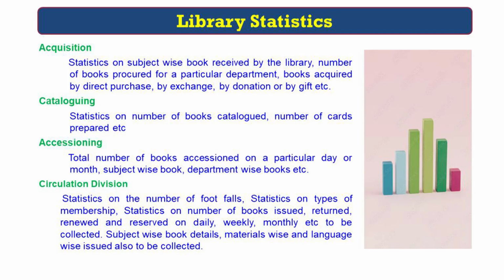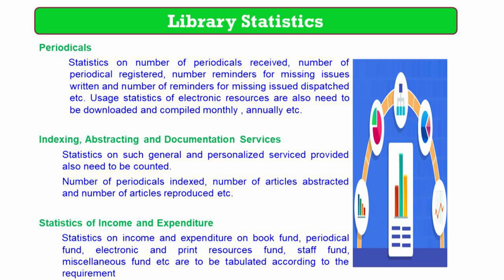So the major areas are acquisitions, technical processing, how much you have cataloged, accessioning, and stock verification. The other areas are circulation, periodicals, indexing, abstracting, etc. So these are all the major areas in which you can make automation, so that you will be able to get all the statistics and reports in an effective and efficient manner.